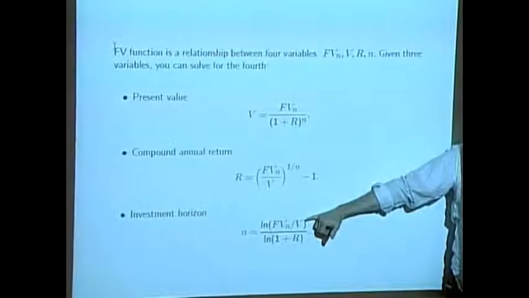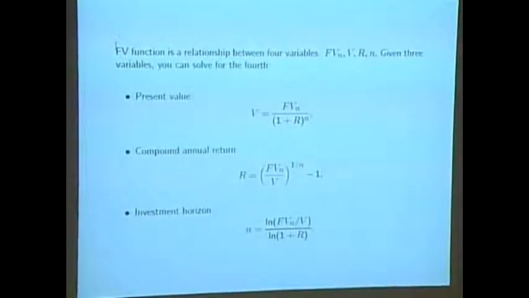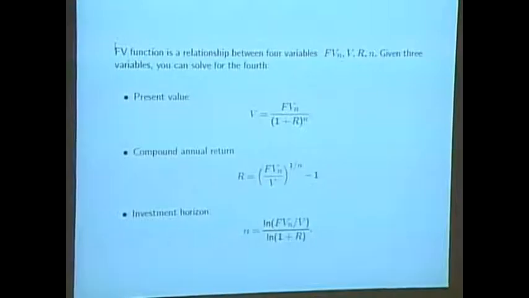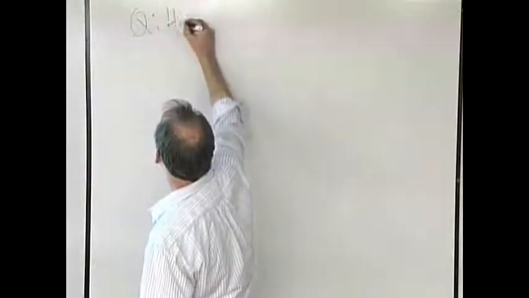So we can use this relationship here to solve that question. And this gives rise to a rule of thumb that's often called the rule of 70. So ask the question, how long does it take for your money to double?